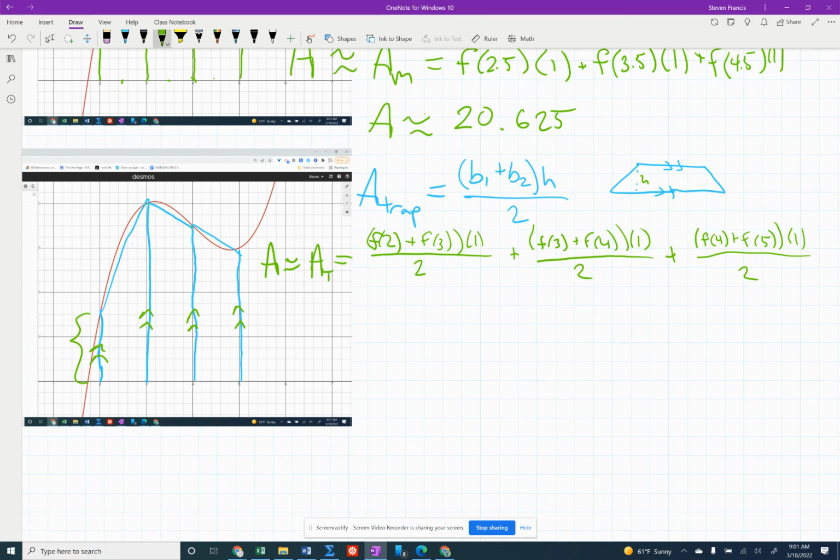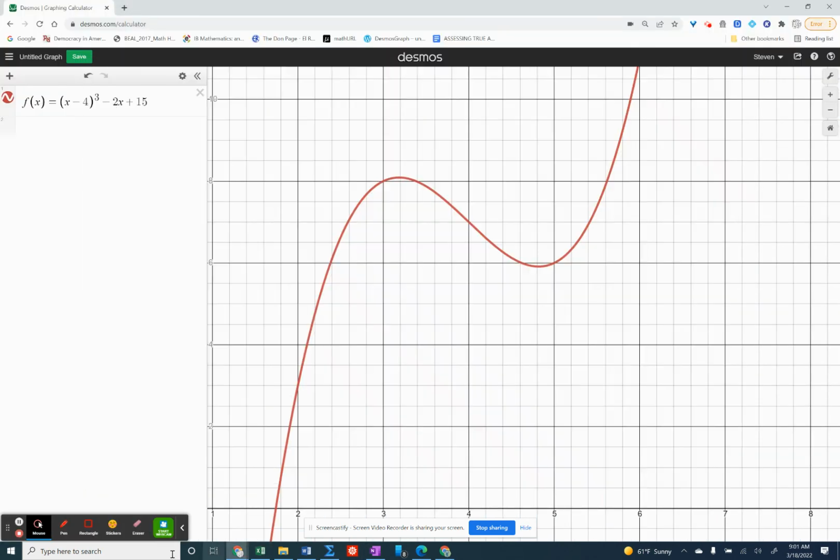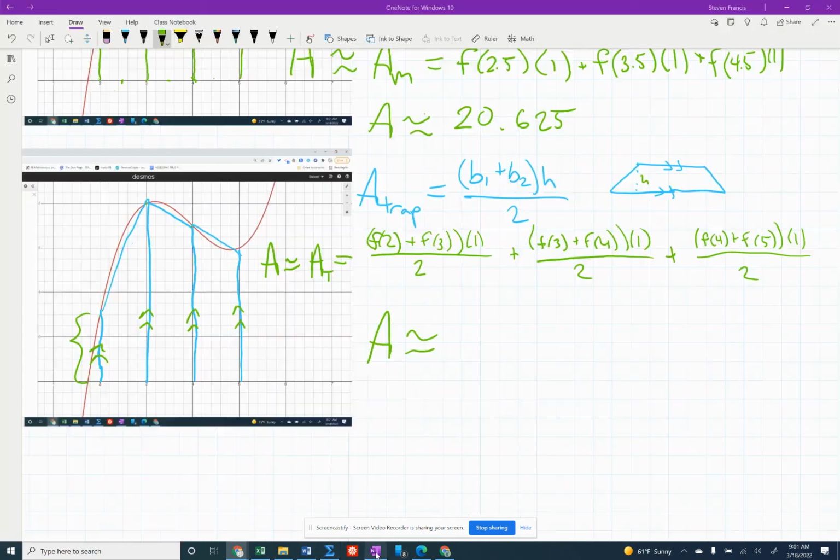And I don't remember that calculation. I'm going to go look at another screen. Well, that one you should get 19.5. That's how you do it.